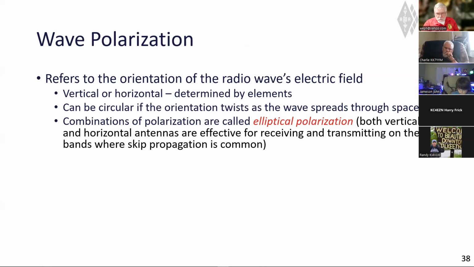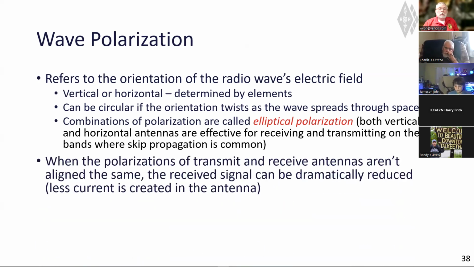Both vertical and horizontal antennas are effective for receiving and transmitting on the HF bands where skip propagation is common. When the polarization of transmit and receive antennas aren't aligned the same, the received signal can be dramatically reduced, since less current is created in the antenna.